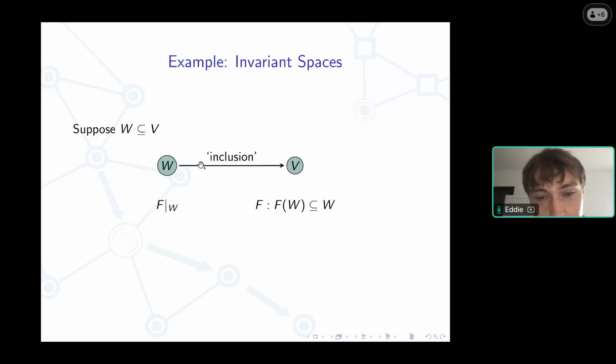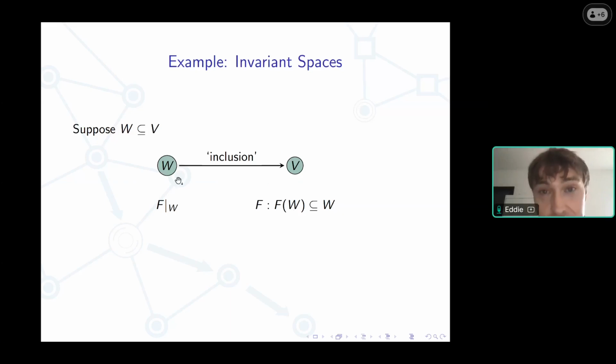Then if I take all tuples of vector fields, one on W and one on V, such that the inclusion sends solutions to solutions, then on the right, I get precisely all vector fields that leave W flow invariant. And as a kind of artifact, we very often have these artifacts, I get that restriction here on the right.